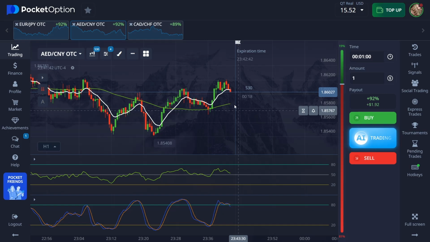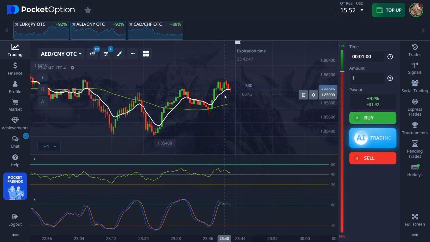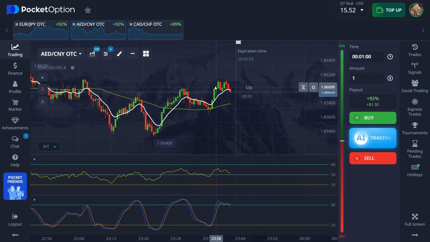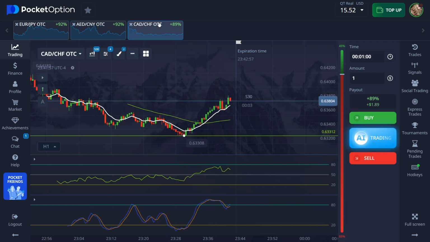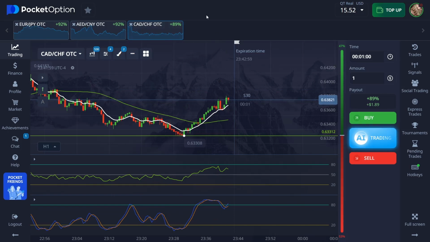Price doesn't move that much. You don't have good price movement. I'm using, as you guys already know, Pocket Option. This is a binary option broker, with this strategy.